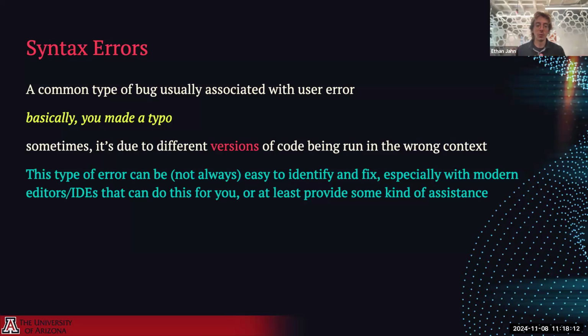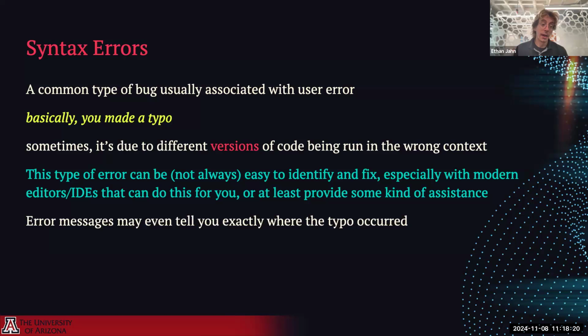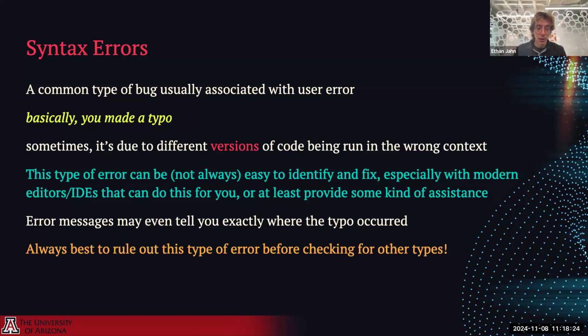There are all these tools that can effectively do this for you, or at the very least provide some kind of assistance if they can't tell you exactly what the error is. And oftentimes the error messages may tell you exactly where the typo occurred. So generally it's best to rule out this type of error before checking on other error types. This is also the most common, so especially if you already have experience coding, you are used to checking for and fixing it.